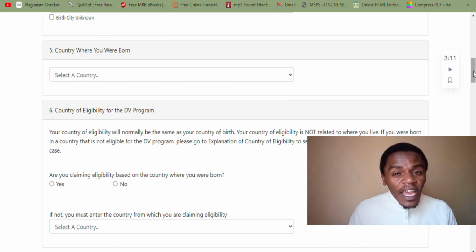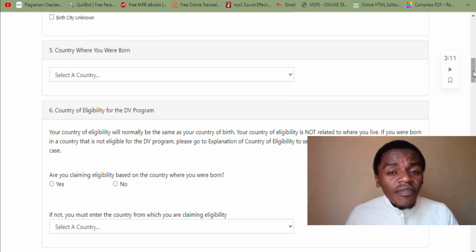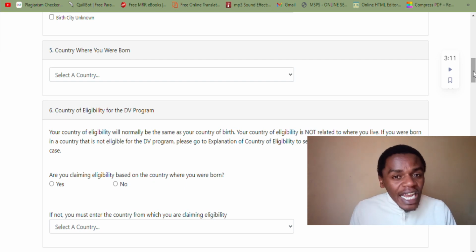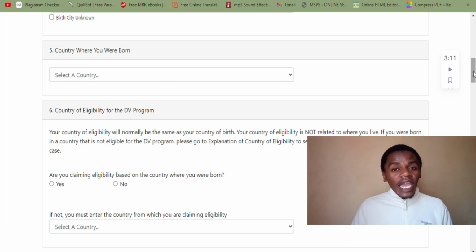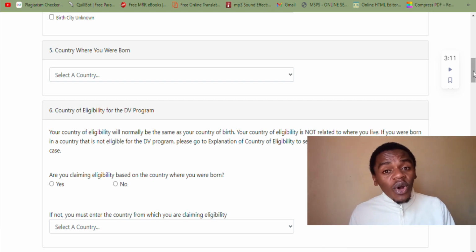The other important aspect of having the birth certificate during the application is in determining the country in which you were born. The country that is indicated on the birth certificate is the country where you were born. It is not the country of your current citizenship.